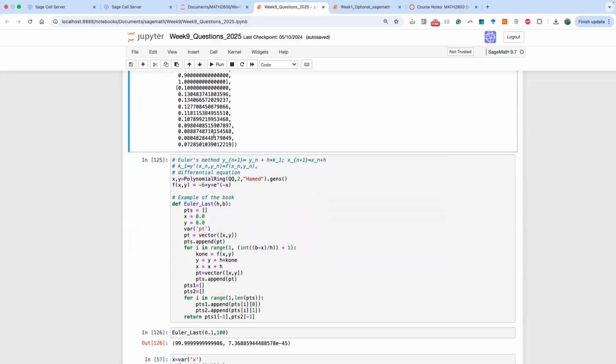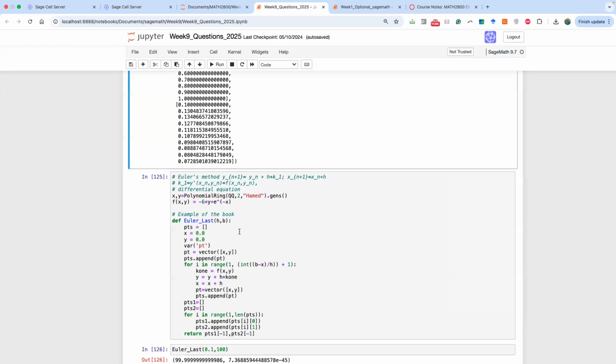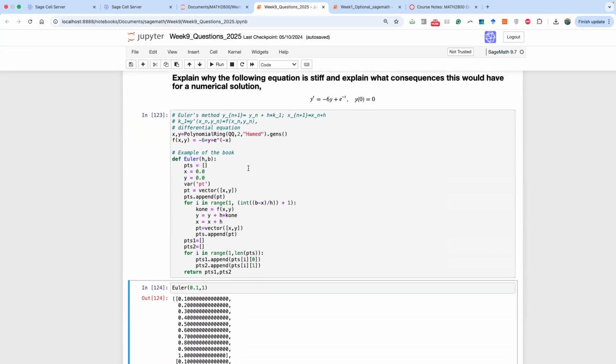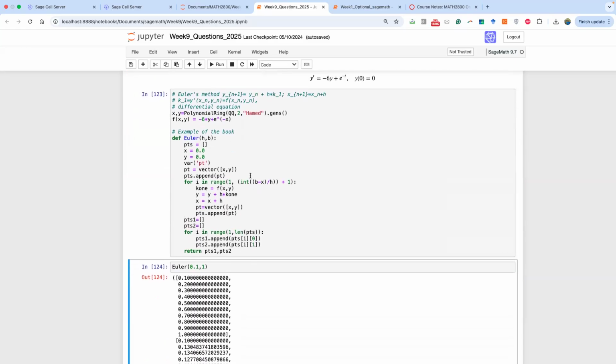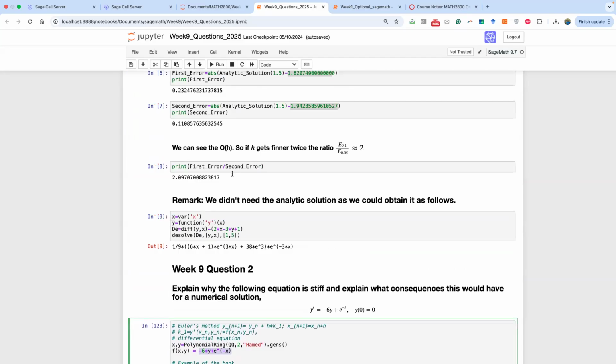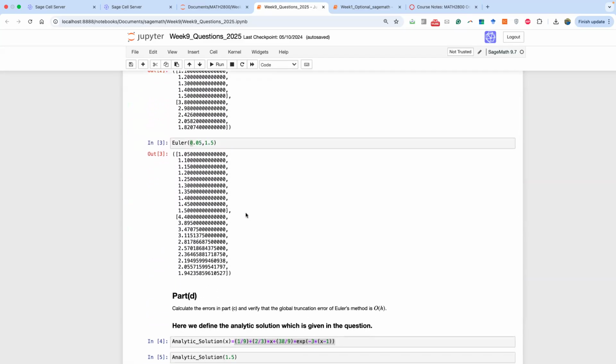This one is the forward Euler method. So it's minus 6y plus e to the minus t, and I just changed this one. The rest are the same.